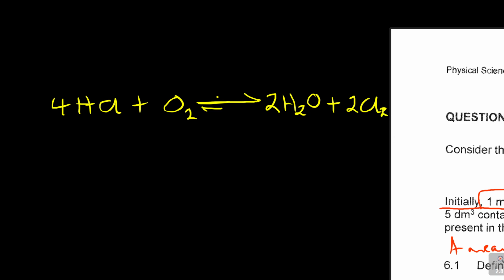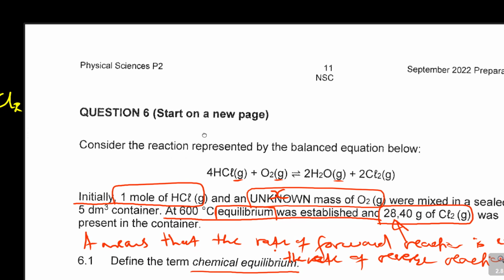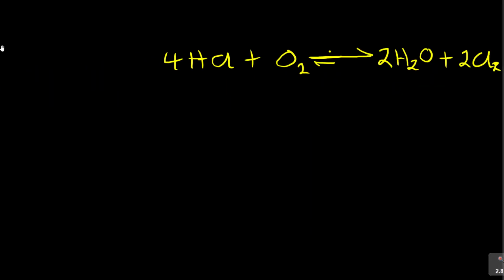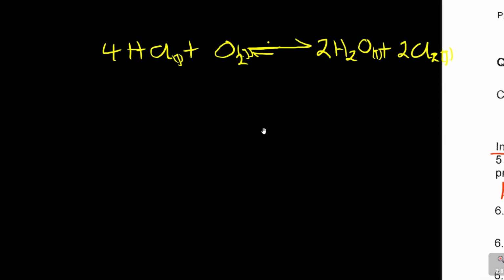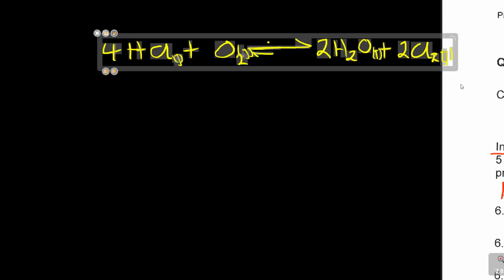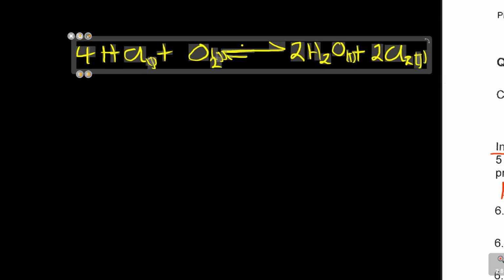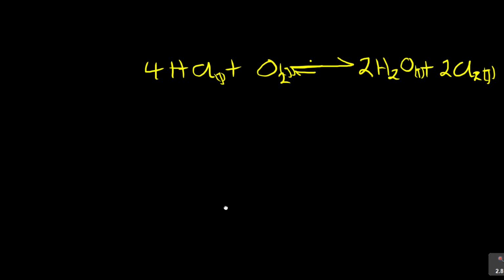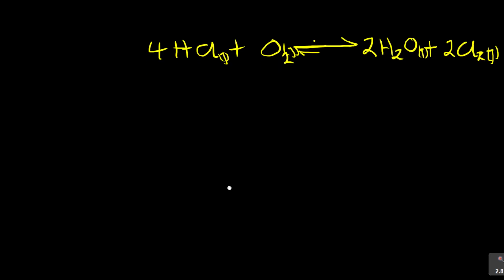Am I right? 2Cl2. Everything is gas, so I can forget that. I don't have to put that down for now, but let me just do this for the sake of everything. So everything is gas. Let's do this so that I can have enough space now for my RICE table.